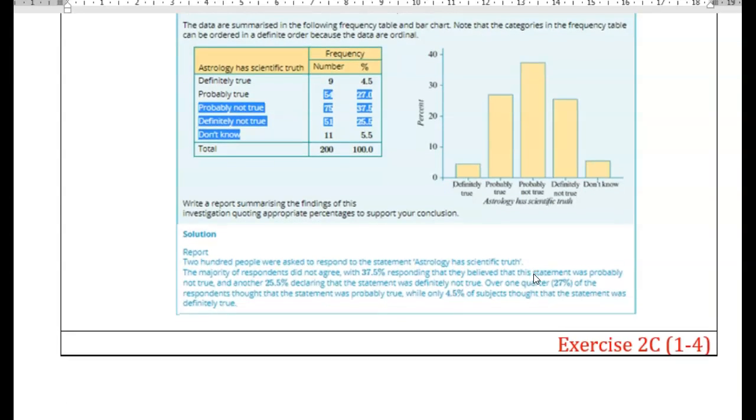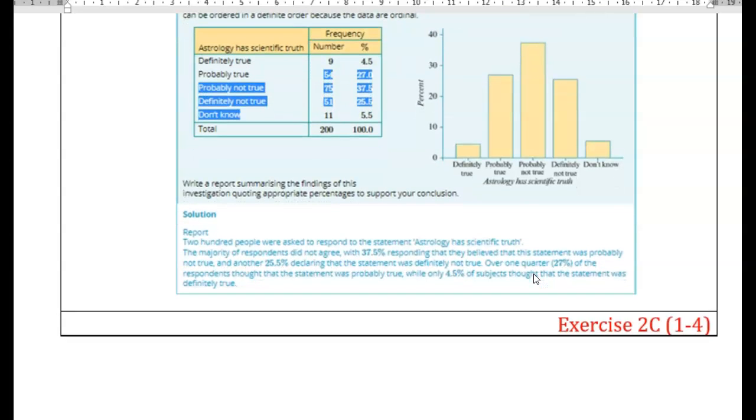So your solution or the report reads as 200 people were asked to respond to the statement, astrology has scientific truth. So there's our context. The majority of respondents did not agree, with 37.5% responding that they believed that this statement was probably not true. So looking at the modal, okay, so the majority of respondents is another way of saying the modal category.